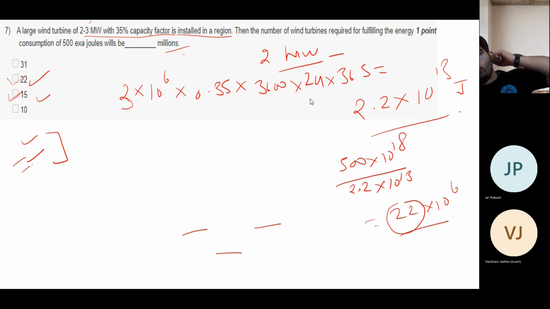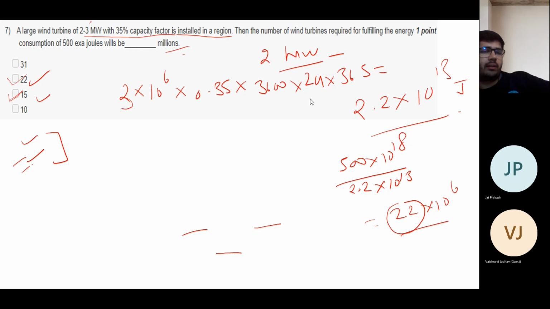So now you have the energy from the wind turbine. If one wind turbine is running the whole year with 35% capacity factor, then you will get 2.2 into 10^13 joules of energy. But we require 500 exajoules of energy, so we need to find out the number of wind turbines. Just divide 2.2 into 10^13 into 500 into 10^18, and you will find the number.